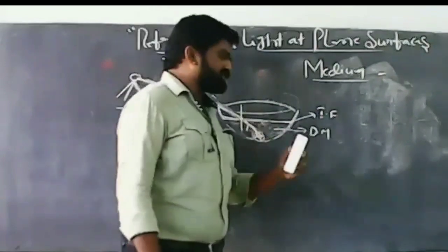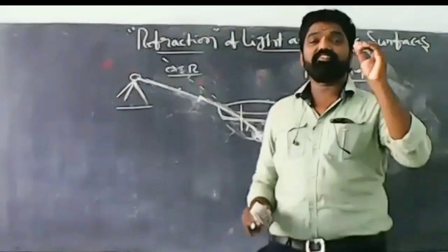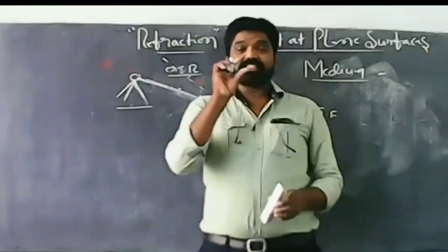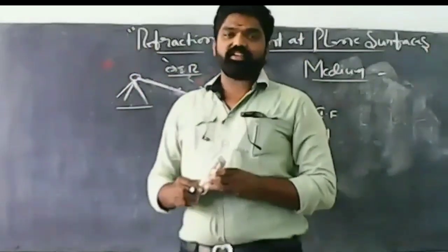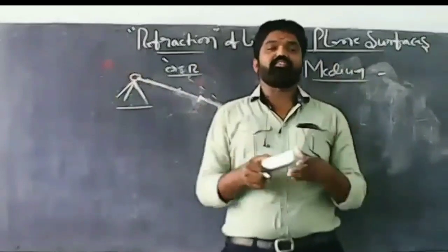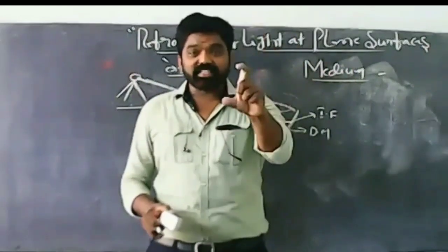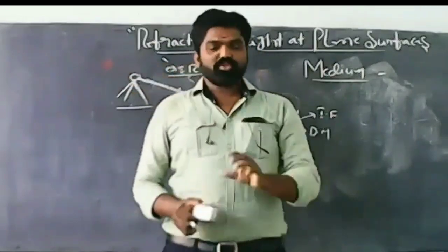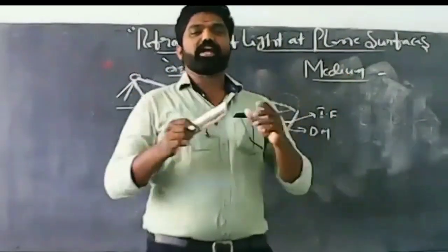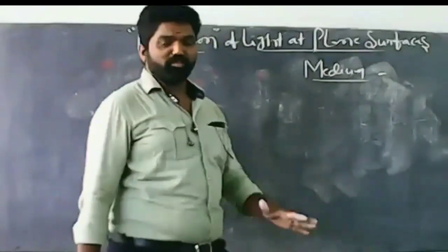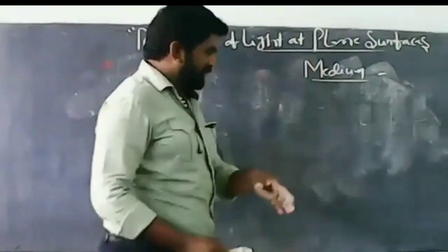Here one principle is at work, that is Fermat's principle. Light always selects the shortest path to travel. Shortest path means light rays always take the shortest time to travel. This principle is called Fermat's principle. Why? Because air is a rarer medium and water is a denser medium.